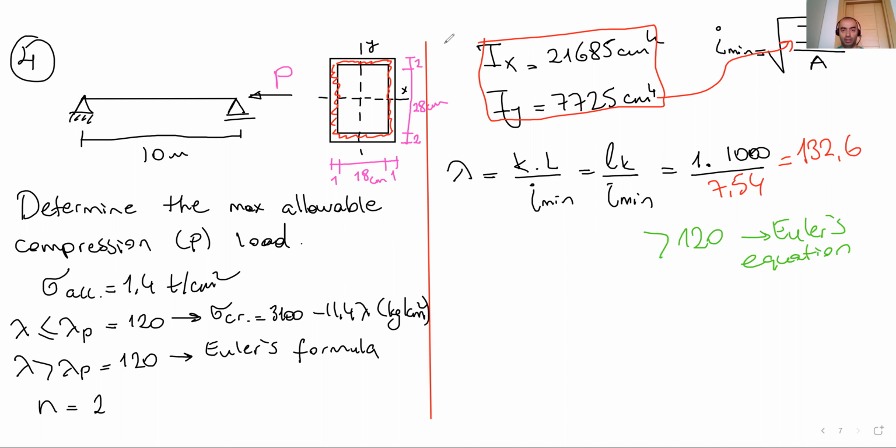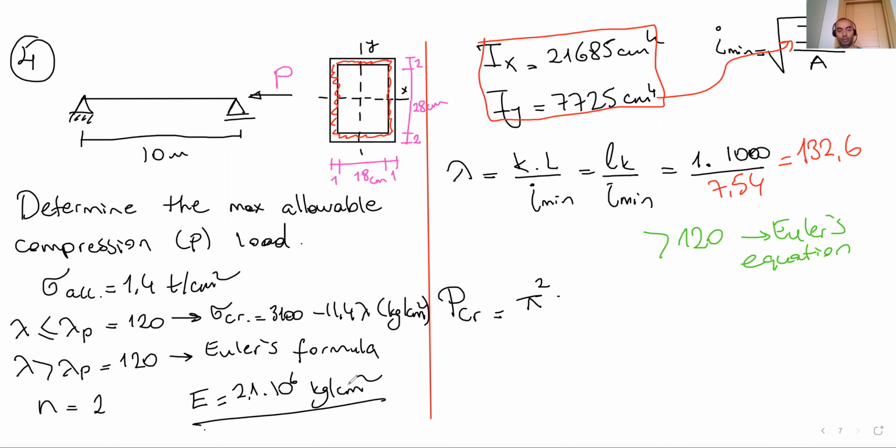Okay, let's write P critical equals pi squared times E. E is the modulus of elasticity. Is it given in the question? No. Let me write here what E was in this question. Yes. This should be given in the question with the allowable stress.